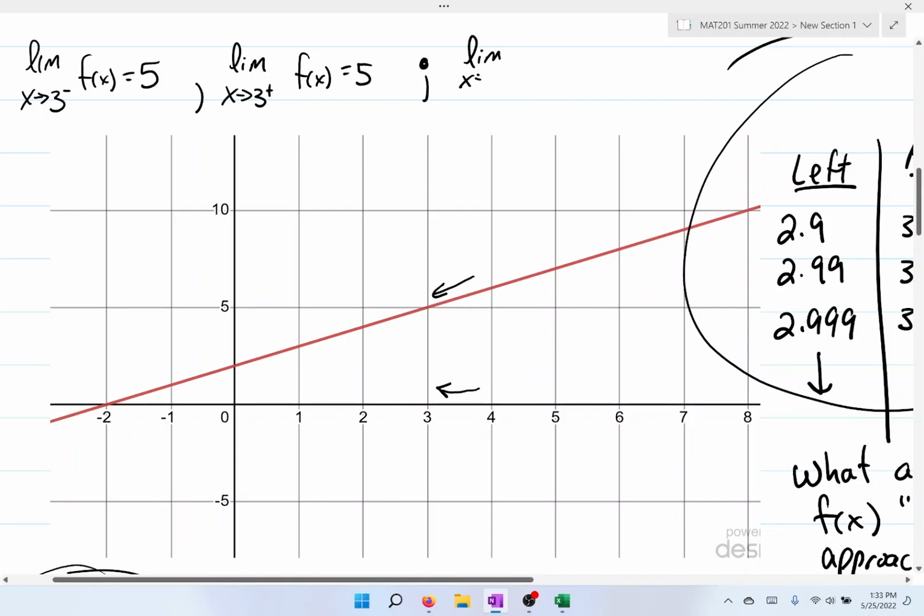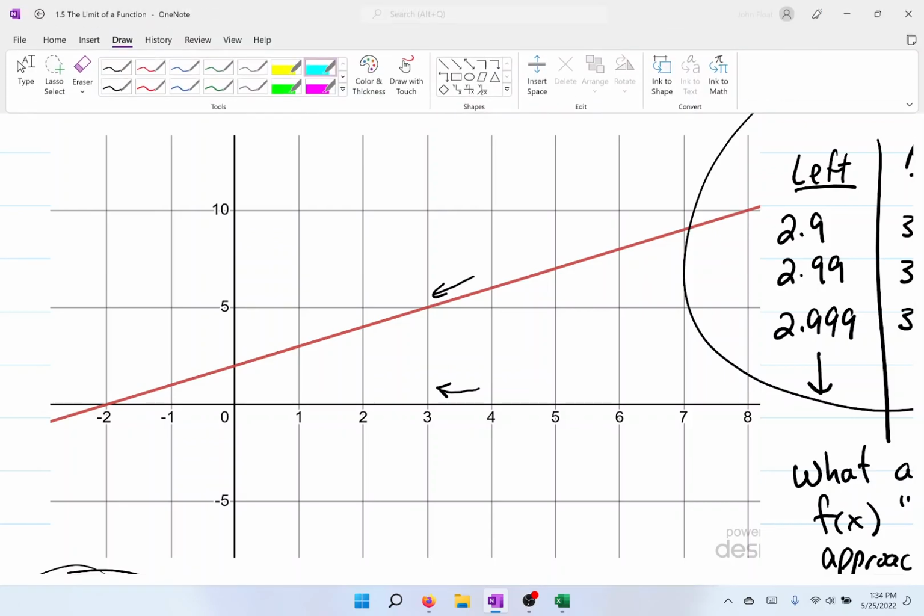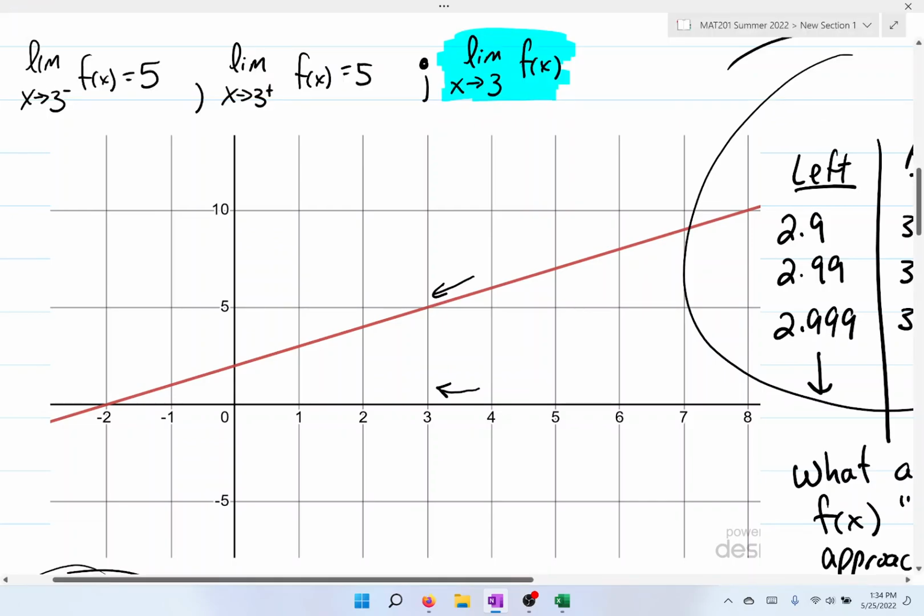And finally, what's the limit as x approaches 3? Let me erase this real fast, I just want to write it cleaner. So if I write the limit as x approaches 3 of f of x, whenever you see it written like this, what this is really telling us is we are approaching from both sides.